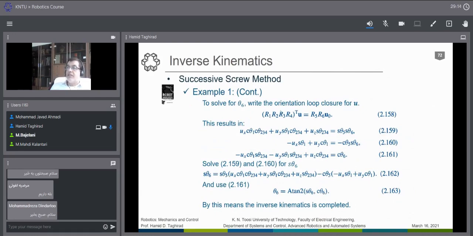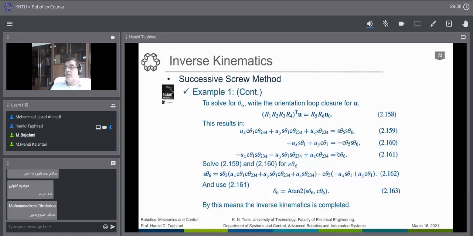Hopefully, this manipulation results in these 3 equations as you see in here. And we have in here only one unknown parameter, which is sine of theta 6. The sine of theta 6 is given here and the cosine is given here.